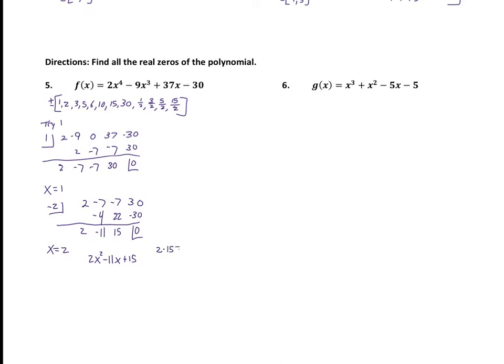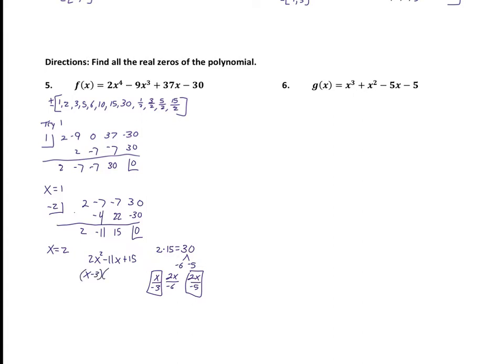Now we can factor. So 2x squared minus 11x plus 15. Multiply your a and your c. Factors of 30 that give us negative 11 are negative 6 and negative 5. Write your a term there, 2x over negative 6 and 2x over negative 5.